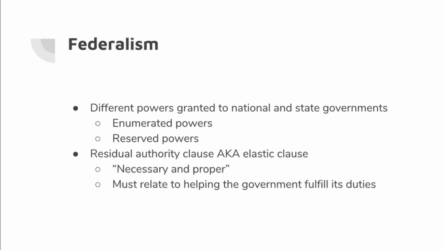In addition to these enumerated powers granted to the national government and reserved powers granted to the state government, the residual authority clause gives the national government the power to make any laws which are deemed to be necessary and proper in order for the government to fulfill its duties well.